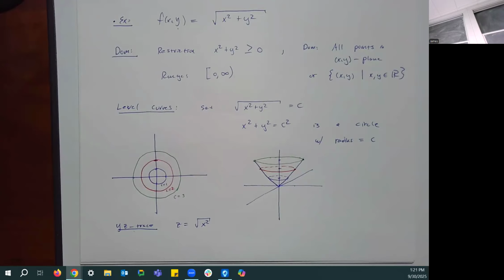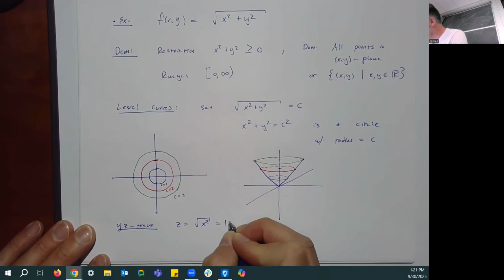What's negative 5 squared? Right, negative 5 squared is positive 25, and the square root of positive 25 is positive 5. So the whole point here is that whether you're inputting a positive or a negative number, you're still outputting a positive number. That is literally the same thing as the absolute value.